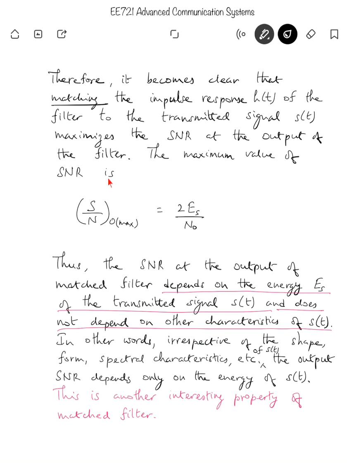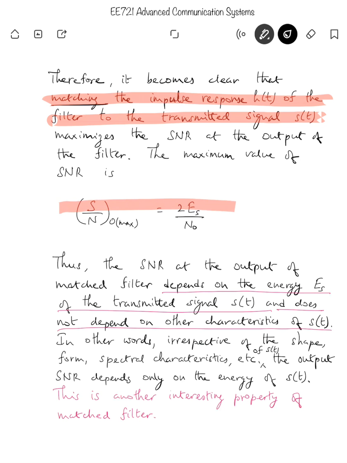So the maximum signal to noise ratio is 2 Es by n naught, and this maximum is achieved by matching the impulse response to the transmitted signal s of t, right? So we have matched the impulse response of the linear filter to the transmitted signal s of t, and by doing so we have achieved this maximum signal to noise ratio.